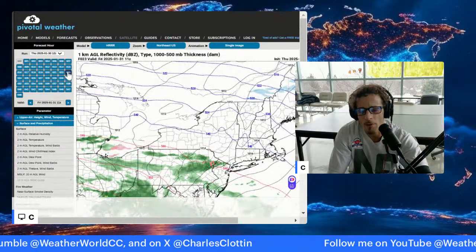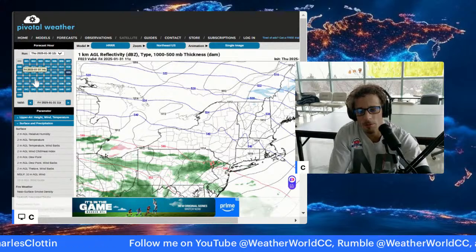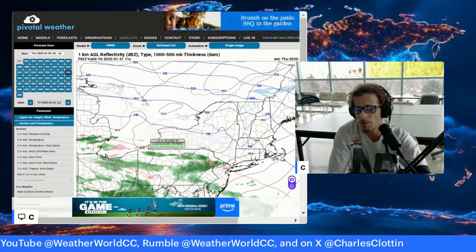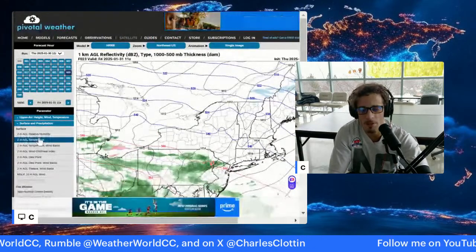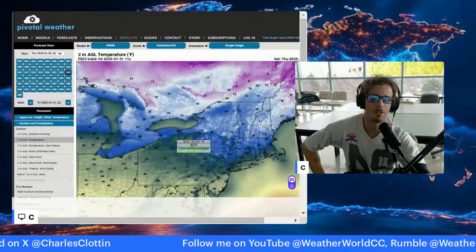At least the southern tier is going to be experiencing most of the precipitation in the late morning hours. Northwestern portion of the state, I guess, would be having a slight chance of precipitation.